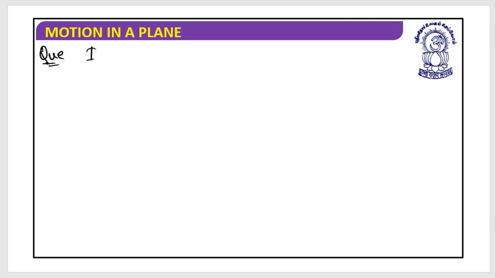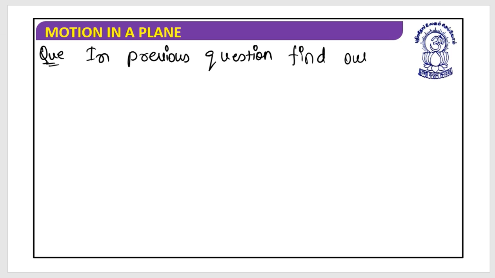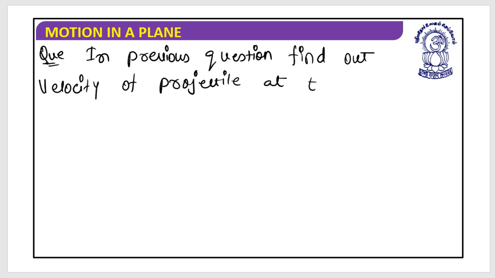What they say is that in the previous question, find out the velocity of the projectile at t equals 1 second.